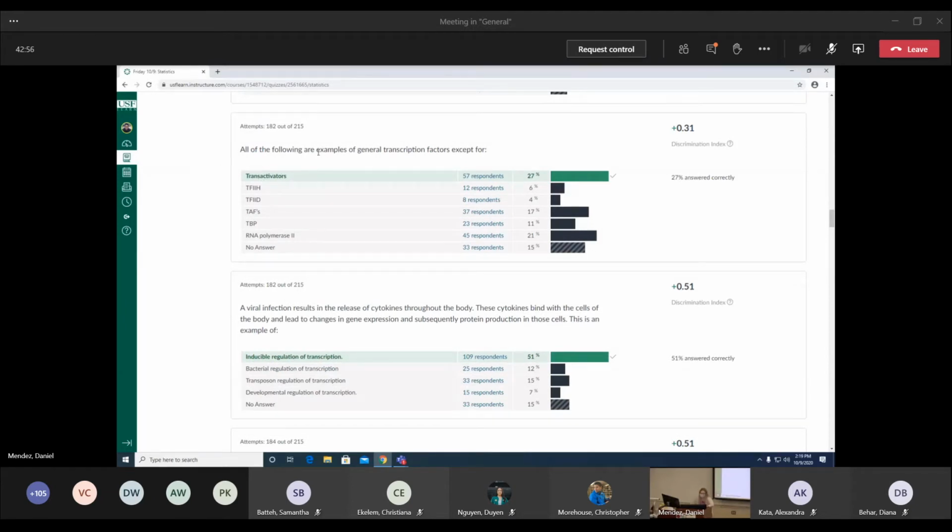All of the following are examples of general transcription factors except for: transactivators. All the rest of these are general transcription factors. Transactivators are specific because they're binding to those specific regulatory regions on the DNA. On slide 8, you can find your list of general transcription factors.